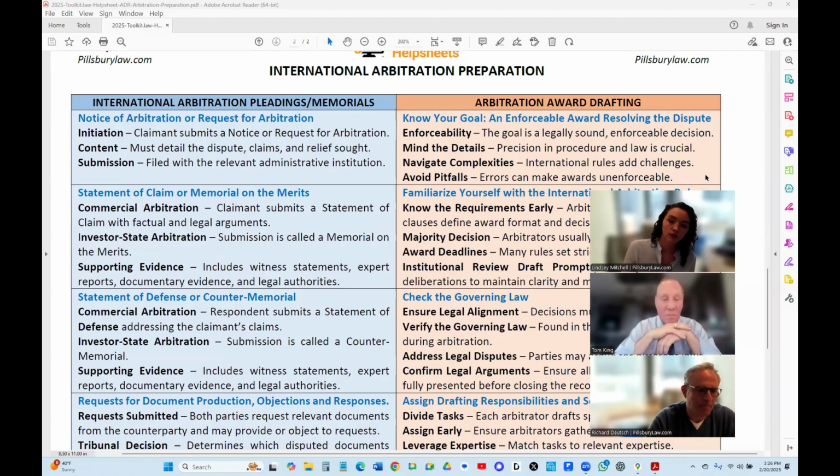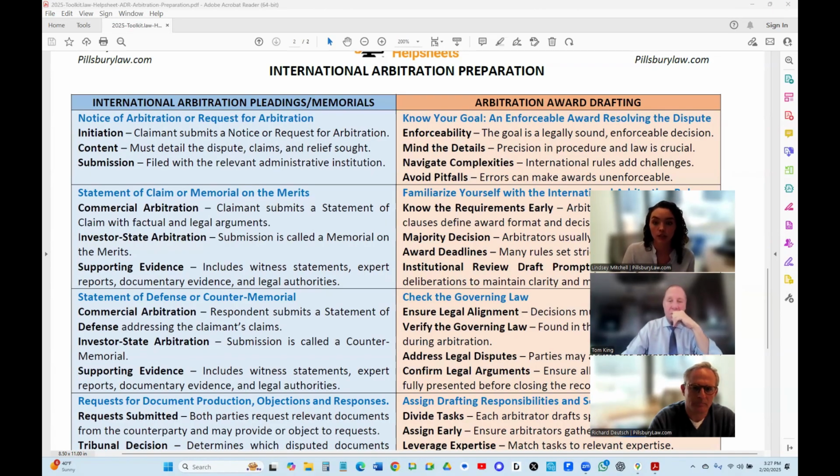Go ahead, Lindsey. Right. So in international arbitration, written submissions really structure the entire arbitration process. And the way in which the written submissions are structured is going to depend a lot, again, on what the parties decide and the procedural rules that are going to govern that arbitration.